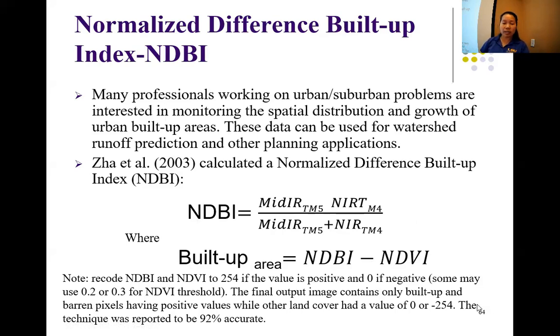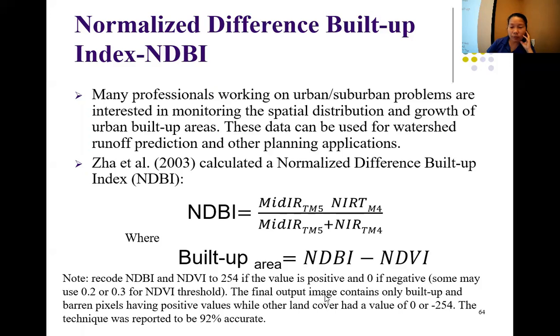In this case, they will recode NDBI and NDVI to 254 if the value is positive. If negative, then they will use 0.2 or 0.3 for the NDVI threshold.